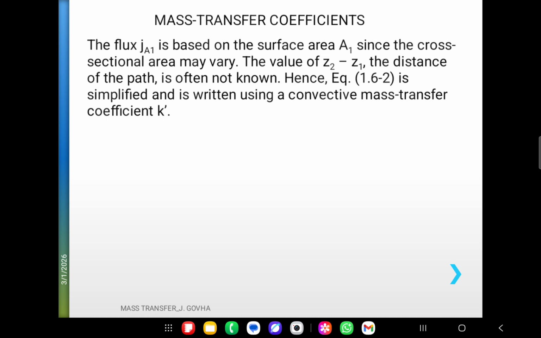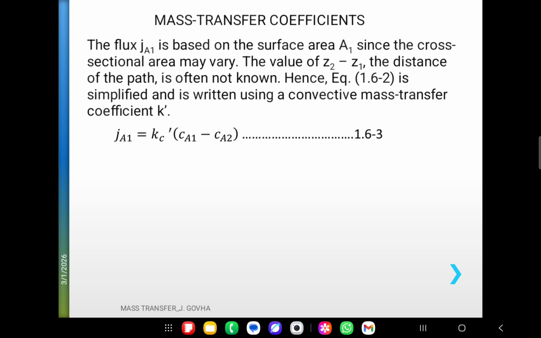The value of Z2 minus Z1, the distance of the path, is also often unknown. So the equation that we saw, 1.62, is simplified and is written using a convective mass transfer coefficient.